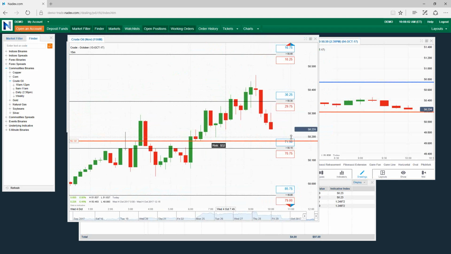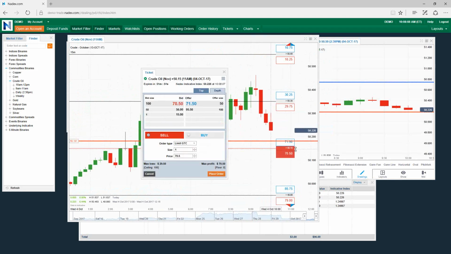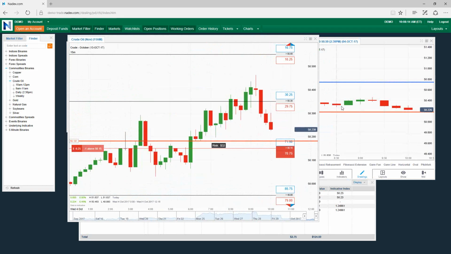Now, if you have a bias to the downside, you could sell right now the 50.15 and it would be $29.50, okay? On the other side, you could say, okay, well, it may not get down to here, but I believe it will be below 50.35.